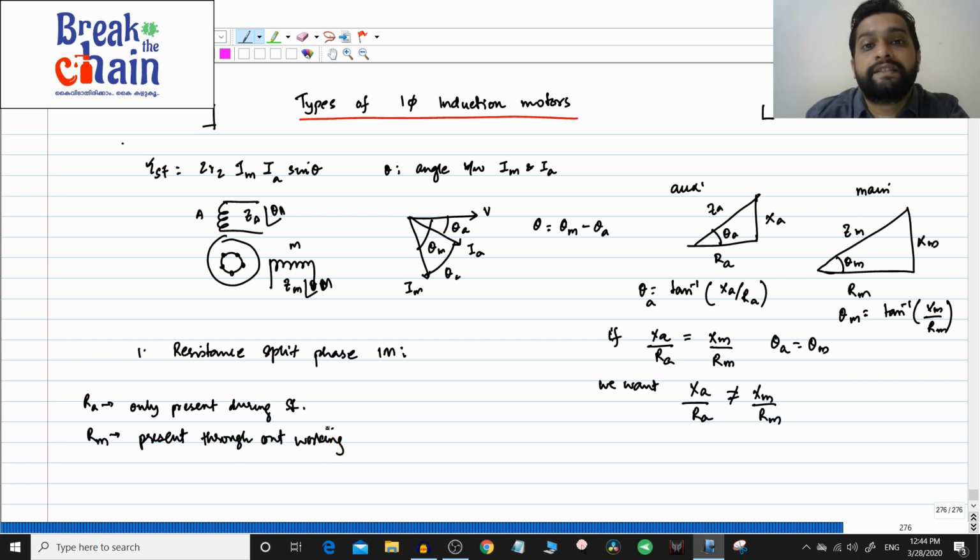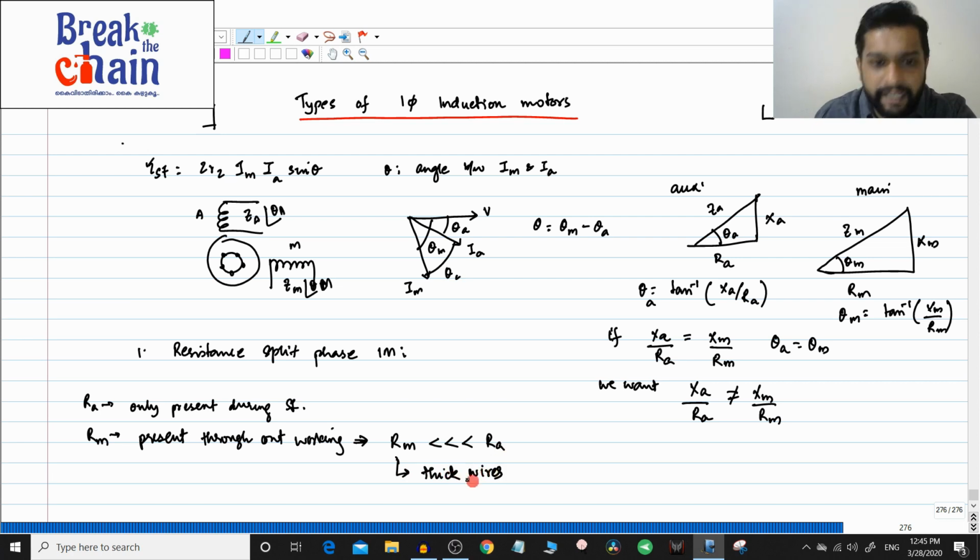So which should have less resistance? Naturally, Rm should have less resistance as compared to Ra. Less resistance, how will you get? If you use thicker wires, right? So Rm will be less than Ra, that means Rm will be made using thick wires. If you want, you can make Ra also less resistance.